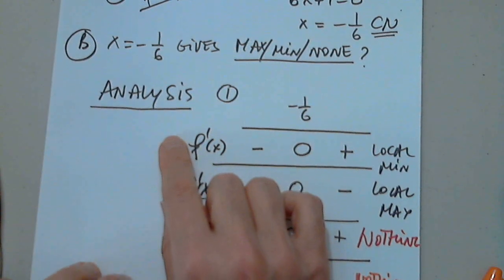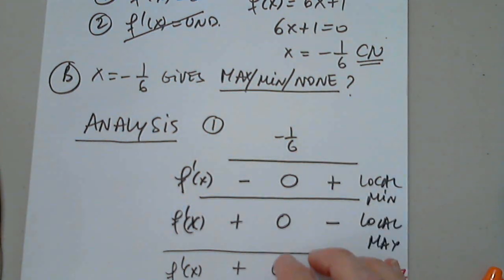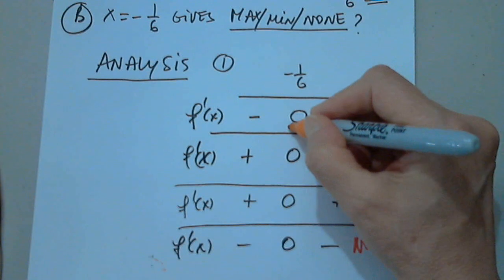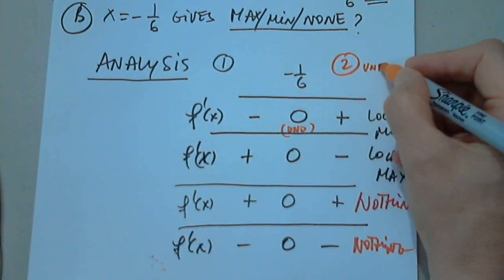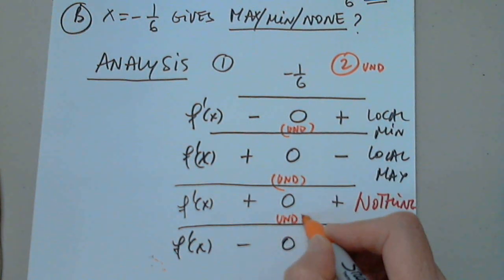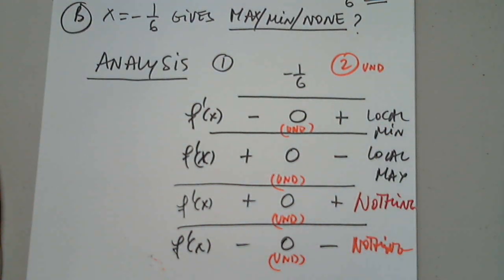So the analysis is, why I said 1 is because we got 0. The second option is identical with this, but we get undefined. I'm going to put it in parentheses. So 2 is undefined with a different color in parentheses. They are identical. The answer is the same.